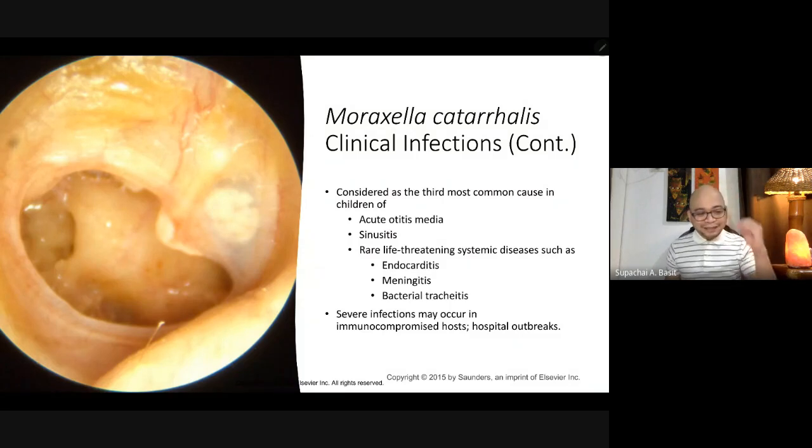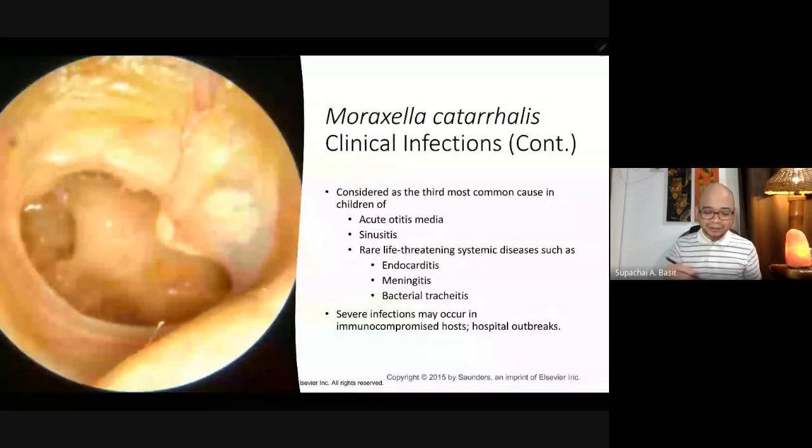Ito yun, no? Infection of the middle ear o yung luga. Sinusitis, rare life-threatening systemic diseases such as endocarditis, meningitis, and bacterial tracheitis. Yung sa trachea naman, yung affected. Severe infections may also occur in immunocompromised hosts and hospital outbreaks. So these are life-threatening.